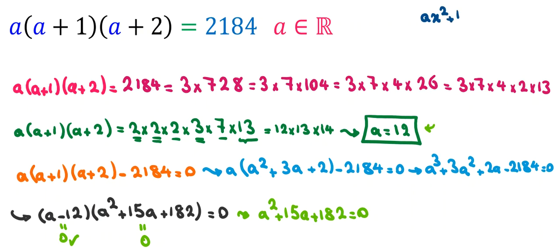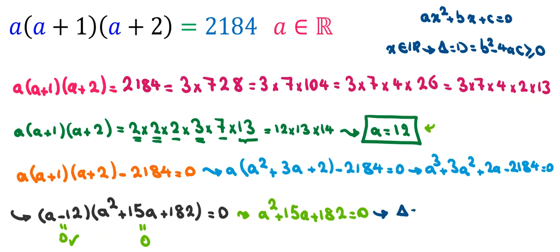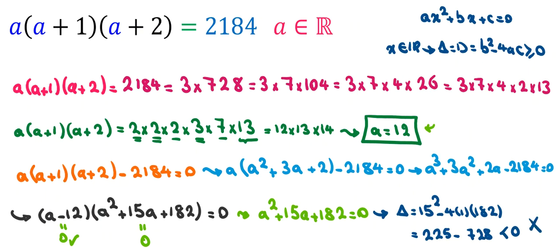If you have ax squared plus bx plus c equal to 0, if x is a real number, then we conclude the discriminant, which is b squared minus 4ac, is at least 0. Here, delta will be 15 squared minus 4 times 1 times 182. 15 squared is 225, minus 728, which is less than 0. So we don't have any real solution. Our only real solution is a equal to 12.